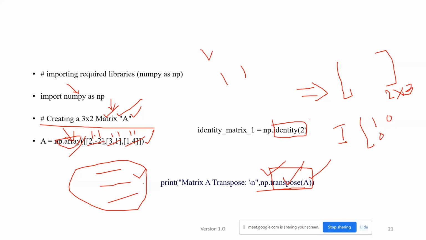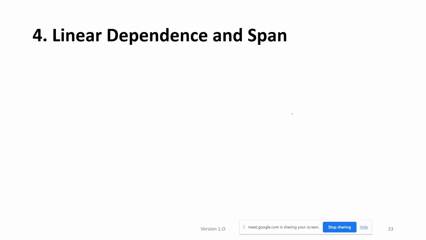An identity matrix is always a square matrix. So it creates a two-dimensional identity matrix, where the main diagonal values are 1, and here the main diagonal has 2 values. Like this, we are using the transpose function, the identity function, and some other functions.